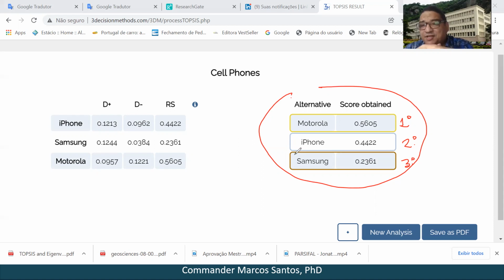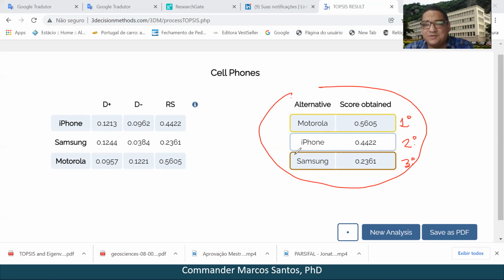You watched that I needed almost 2 hours to calculate the result from a decision matrix 3 by 3. A very small decision matrix. I needed almost 2 hours to calculate all expressions by hand.